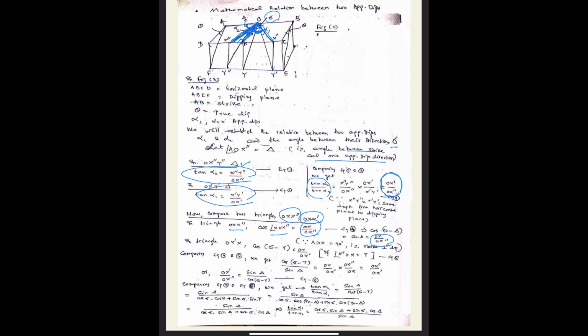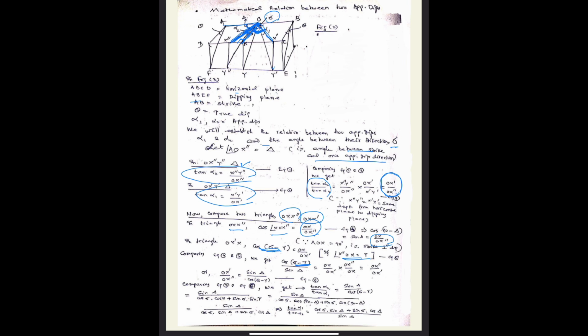Then if we consider the X double dash OX angle as gamma, then this angle will be equal to sigma minus gamma. That's why this is cos of sigma minus gamma.